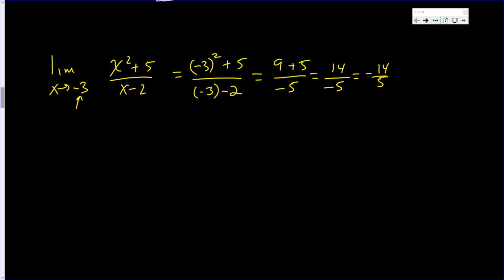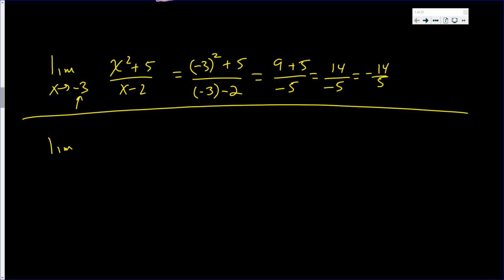Let us talk about some rules of limits. If you have the limit as x approaches some number, let's call it c, of two functions, f of x plus g of x, it may be x squared plus x cubed.